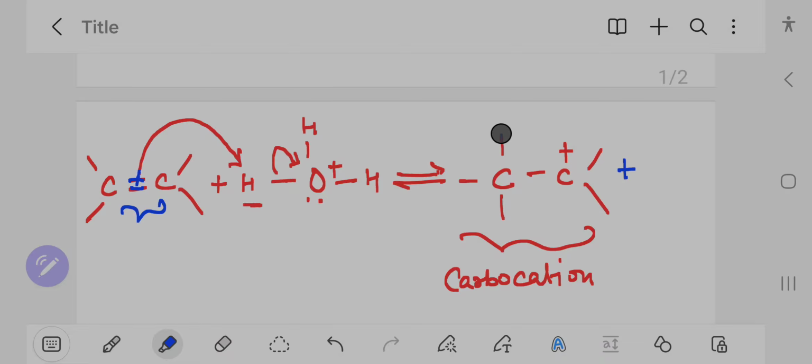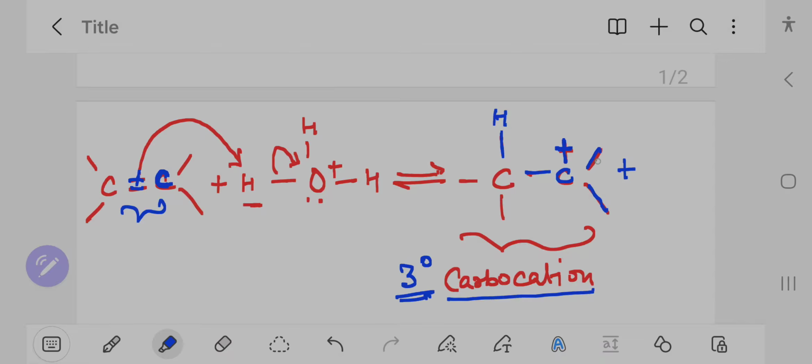This is the bond which is made with hydrogen, and therefore this carbon will lose its tetravalency and get a positive charge, and there is the formation of a carbocation. We can see that this carbocation is a tertiary carbocation.